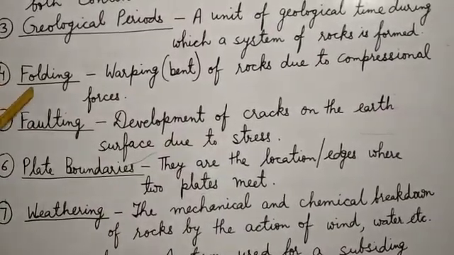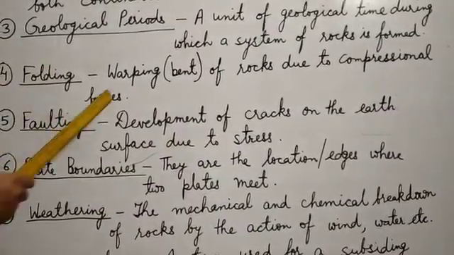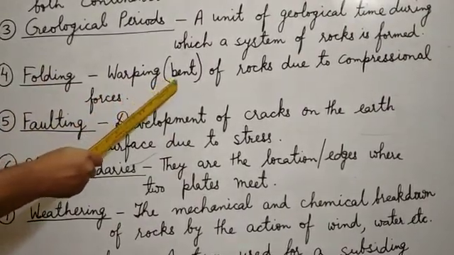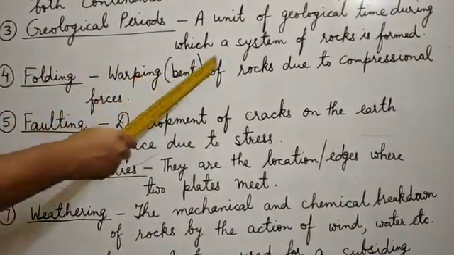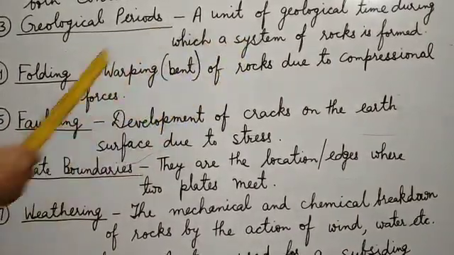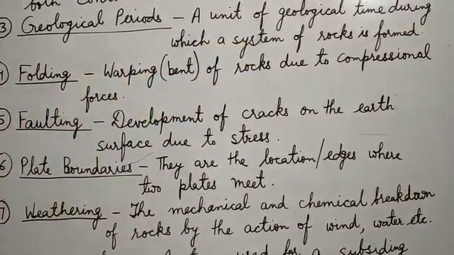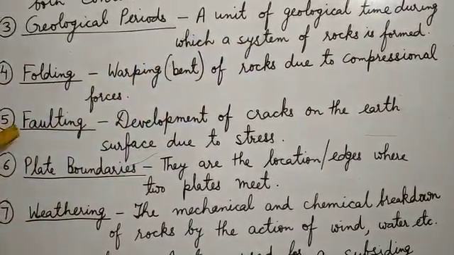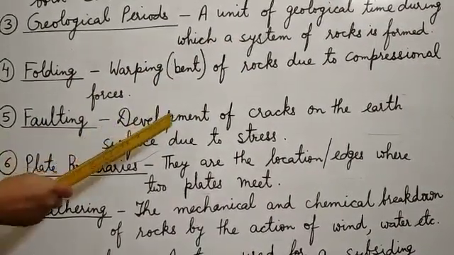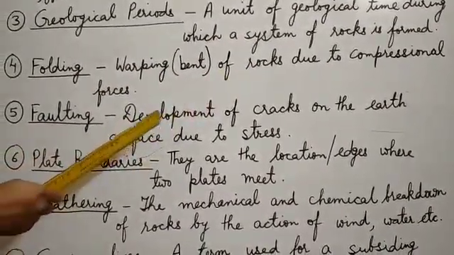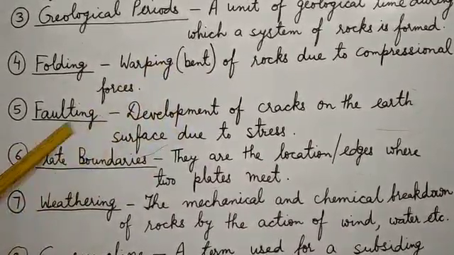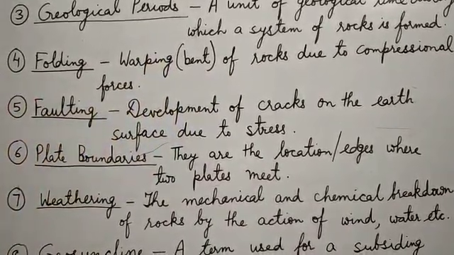Next is folding. What is folding? Warping, that is bend, or fold of rocks due to compressional forces. That term is folding. Then faulting, development of cracks on the earth's surface due to stress. That term is faulting.